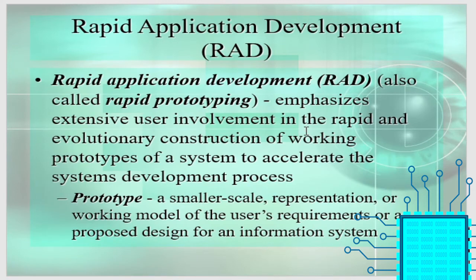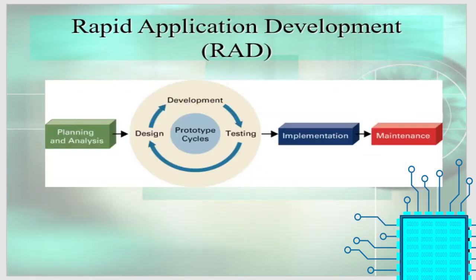Rapid application development emphasizes extensive user involvement in the rapid and evolutionary construction of working prototypes of a system to accelerate the system development process. A prototype is a small scale representation or working model of a user requirement or a proposed system for the initial working. In rapid application development, the planning and analysis takes place.